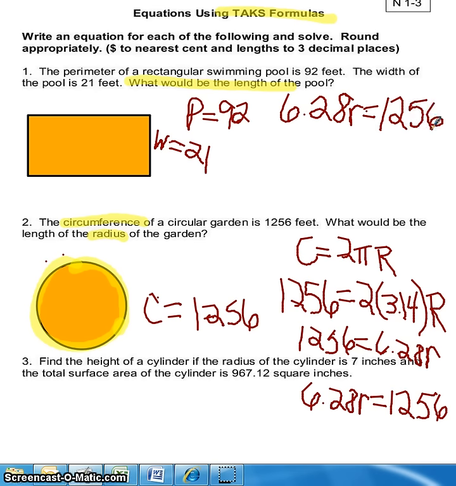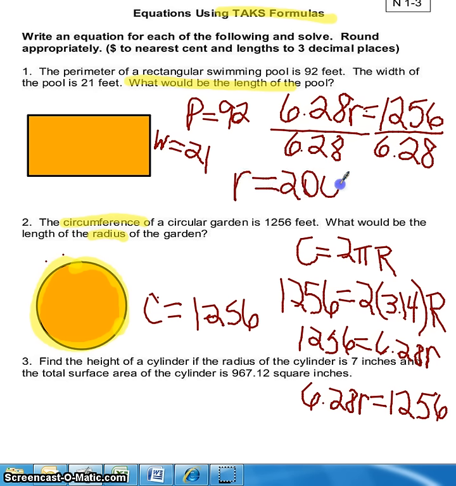Okay, what's my next step to solve for r? Correct. I would have to divide both sides by 6.28. And when I divide that, I get r is equal to 200. So I get that my radius is equal to 200.